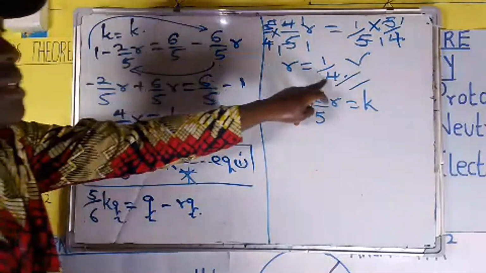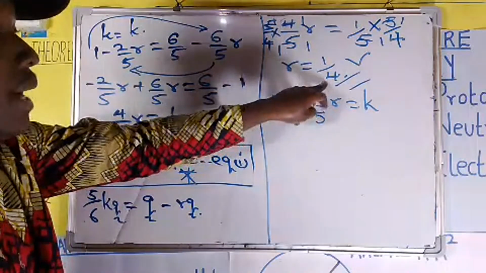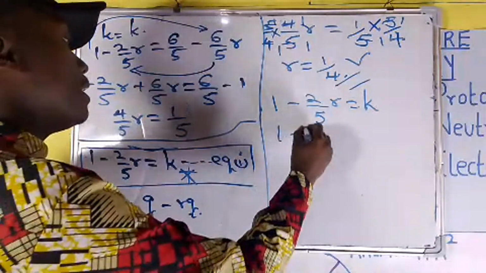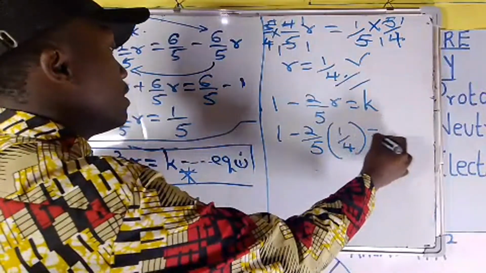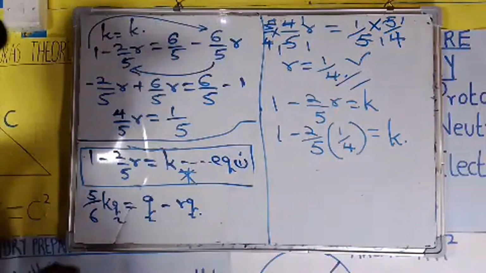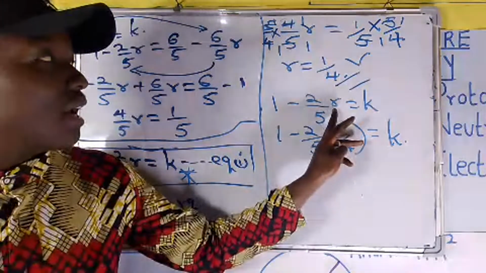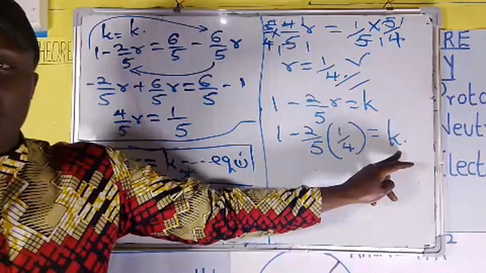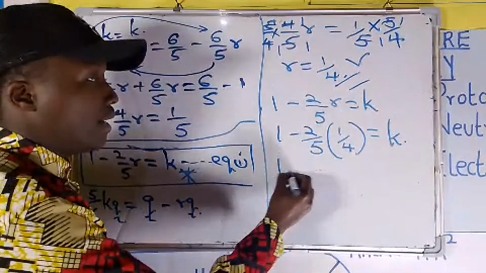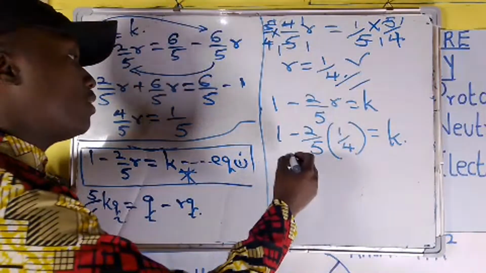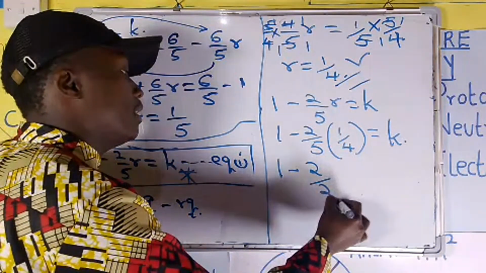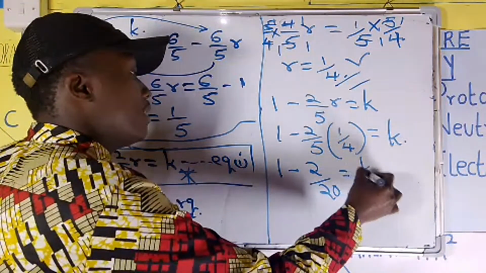And our r is a quarter. So 1 minus 2 over 5 multiplied by a quarter is equal to k. We have substituted the value of r with a quarter so that we can find k. So we will have 1 minus 2 over 5 times 1 over 4, which is equivalent to 2 over 20.